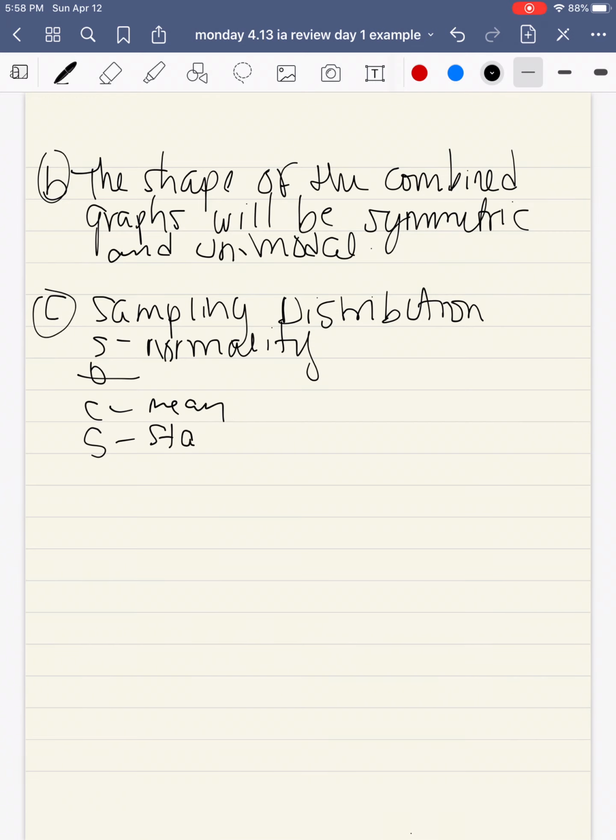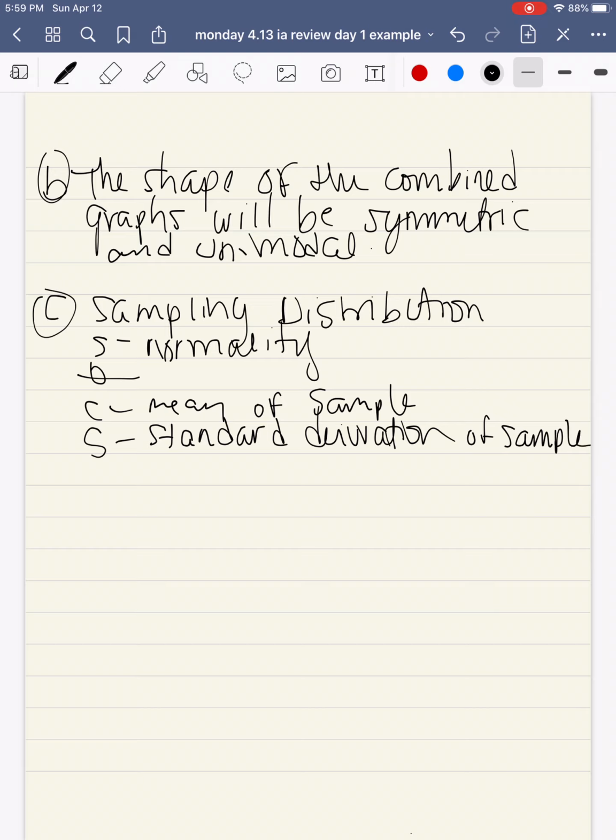So when I see sampling distribution, these are the things that I need to talk about: normality, the mean of the sample, and standard deviation of the sample. Okay, so when I'm writing this up, first, am I looking at a sampling distribution of means or proportions?